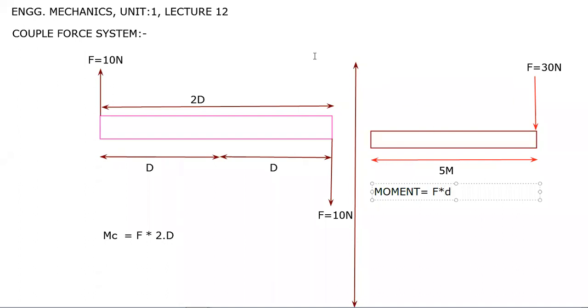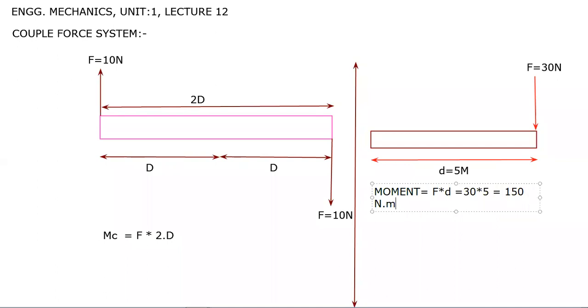D is nothing but distance. So F multiplied by D is equal to 30 multiplied by 5, and that is equal to 150 Newton meter.